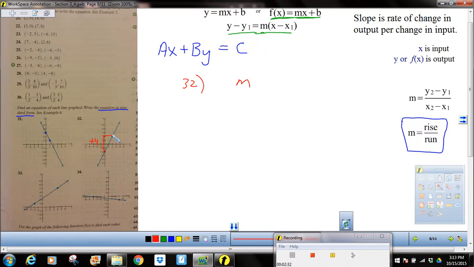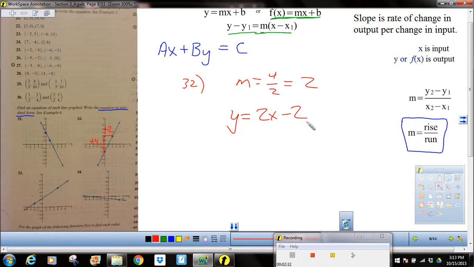And the run looks like 2. So the slope is 4 over 2. It's how much the y value increases as the x value increases. So 4 divided by 2 is 2. The slope is 2. To write the equation in slope-intercept form, I need the slope, and the y-intercept was -2.